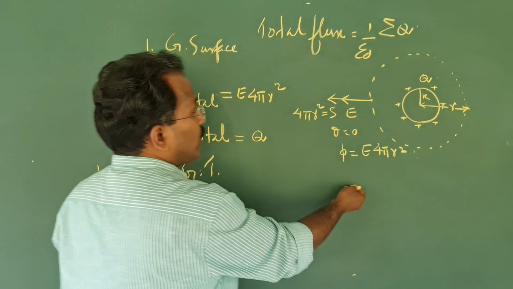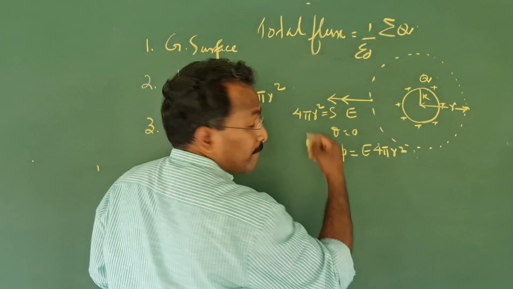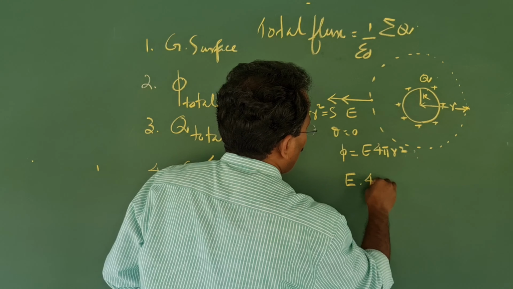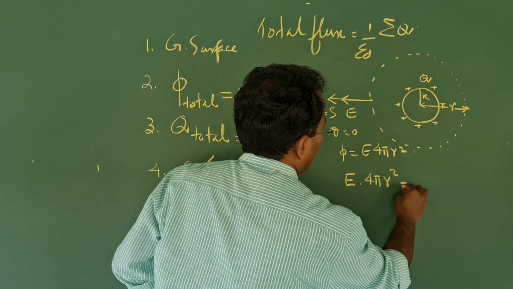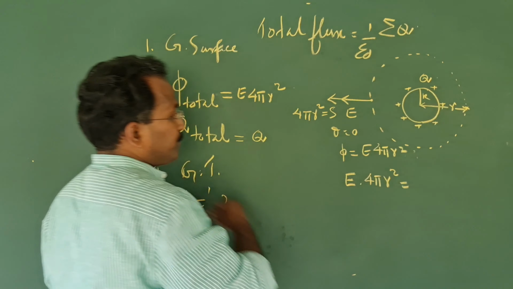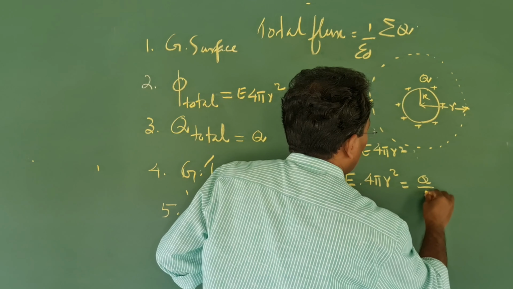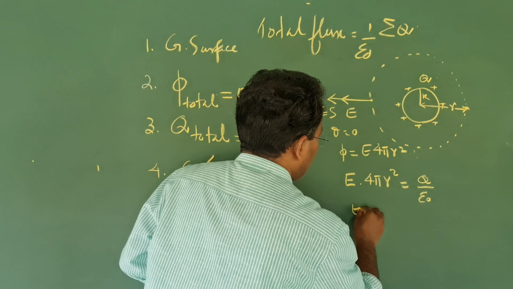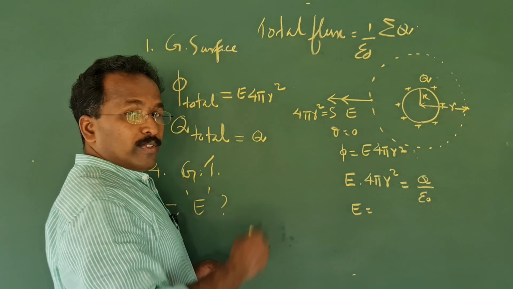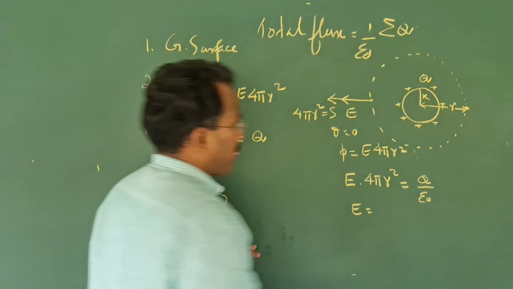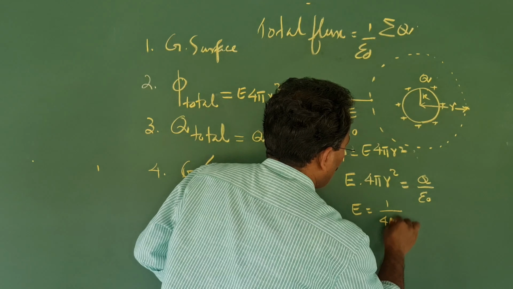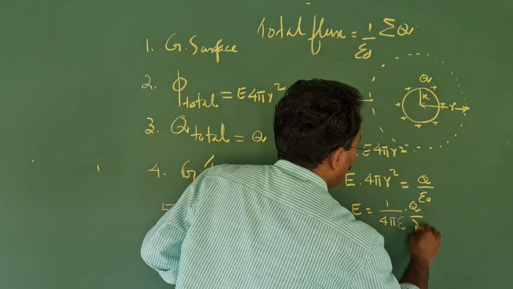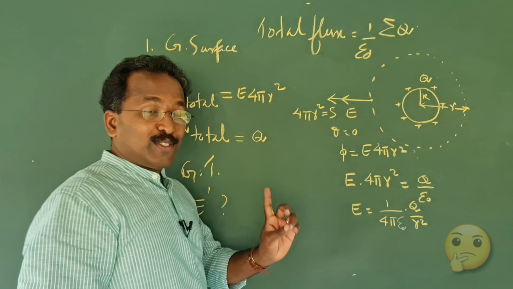The substitution: E into 4 pi r square is equal to Q divided by epsilon 0. So E is equal to, we write it in the usual form, 1 by 4 pi epsilon 0 into Q divided by r square.